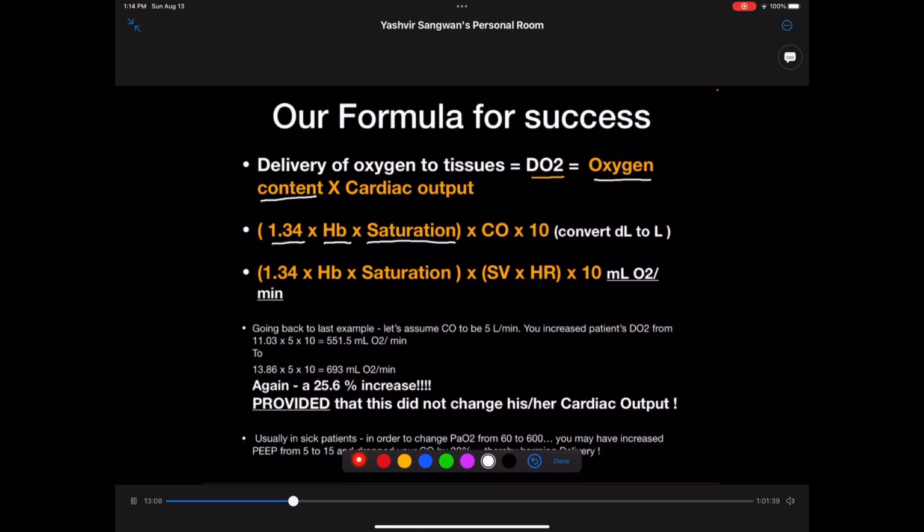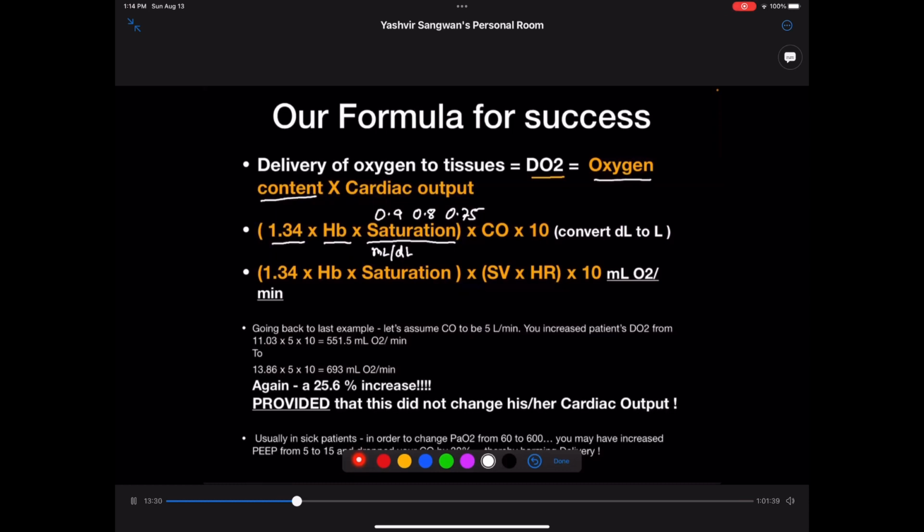And you know that 90% is 0.9, 80% is 0.8, 75% is 0.75. Now, this is in ml of oxygen per deciliter of blood.